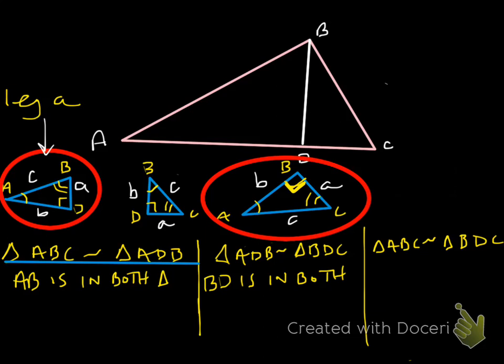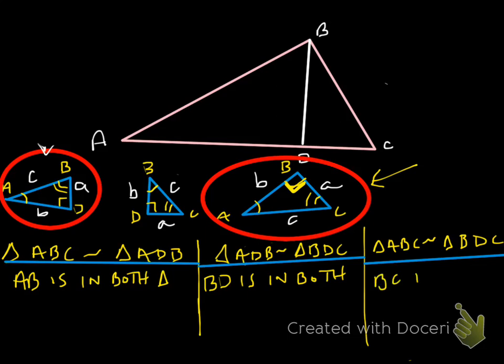And then let's look at the last one. You have triangle ABC. So that's the big one on the end. That's this one. Is similar to the middle one, BDC. Okay, what do they have in common? They both have BC. So BC is in both. And I apologize for my terrible handwriting on this thing.